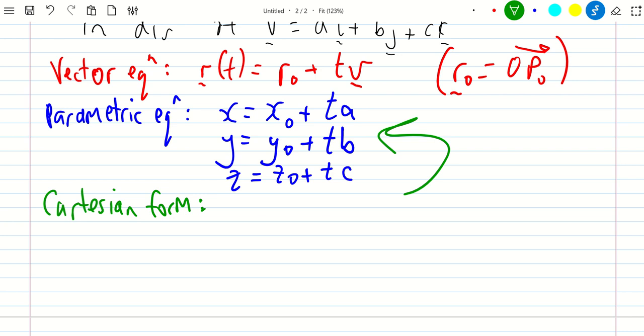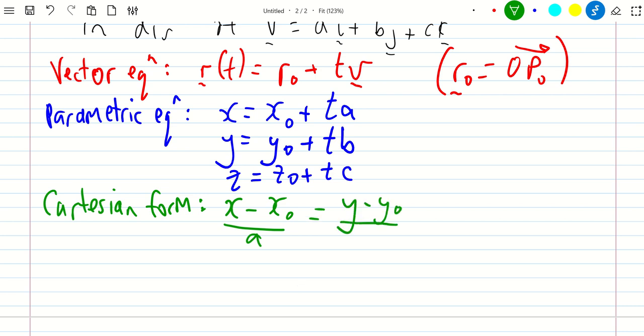We can rearrange for t, and you'll see that in an example in a second: x minus x naught over a is equal to y minus y naught over b, equal to z minus z naught over c. You'll see what this looks like in a second.